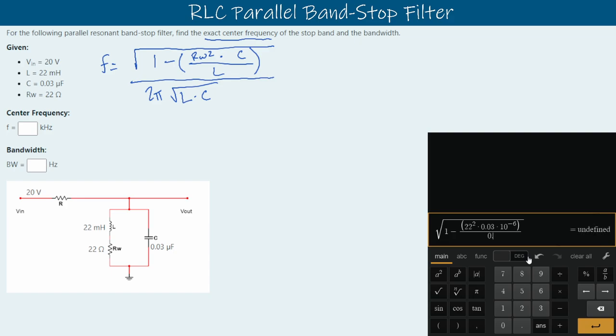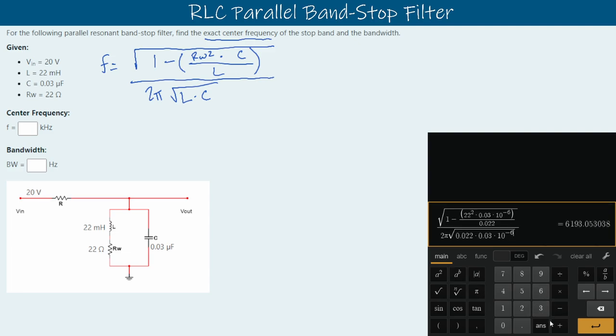We'll move that out, 0.022. And then that entire thing gets divided by 2 pi times the square root of LC, so that's 0.022 multiplied by our 0.03 times 10 to the negative 6.